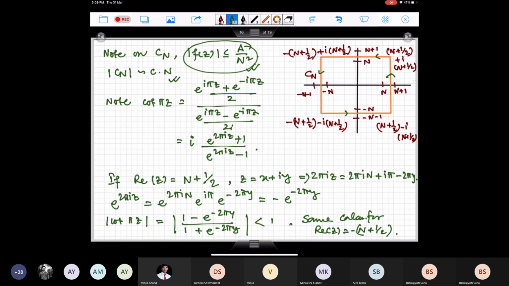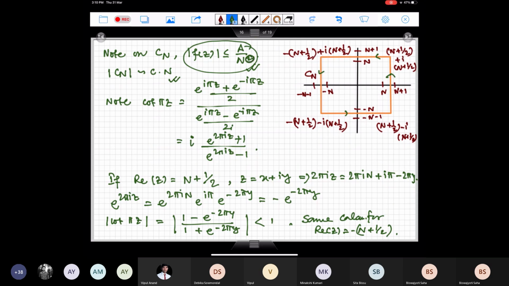So therefore, what I really need is that when I multiply, the M of gamma is a by n square, some constant divided by n square. Length of the gamma is some constant times n. So I really need some factor to be there which makes that M gamma into L gamma going to 0, upon applying ML inequality.